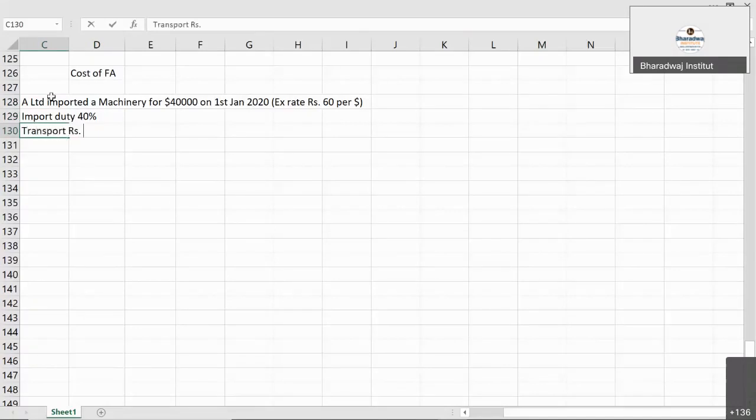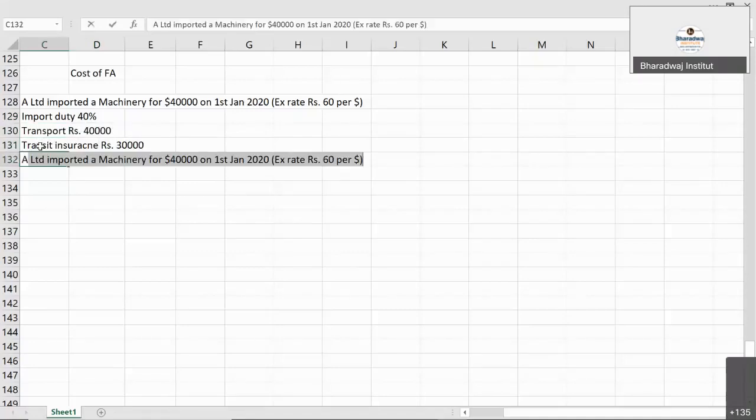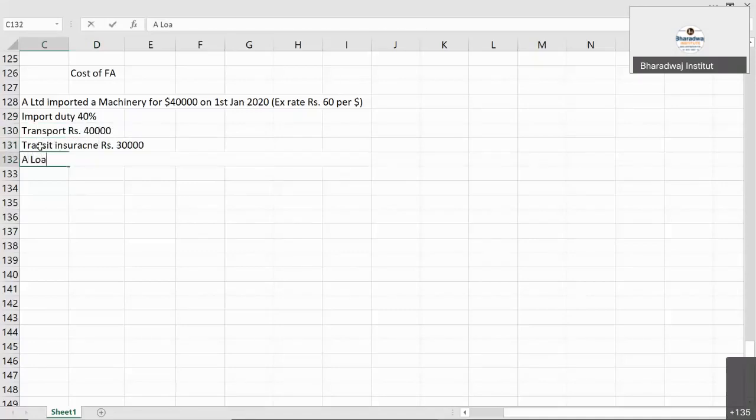Transport is 40,000. Transit insurance is 30,000. A loan of 10 lakhs was borrowed on 1st January 2020 for the same at the rate of 12%.